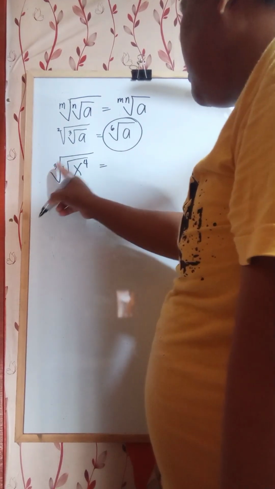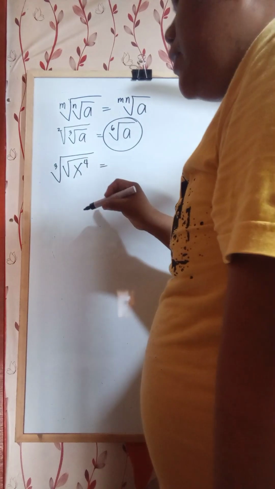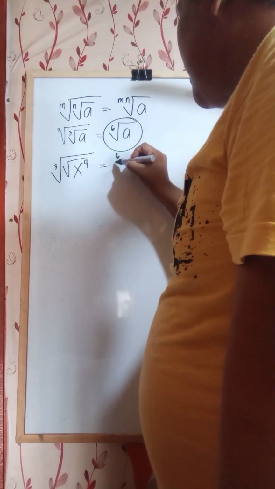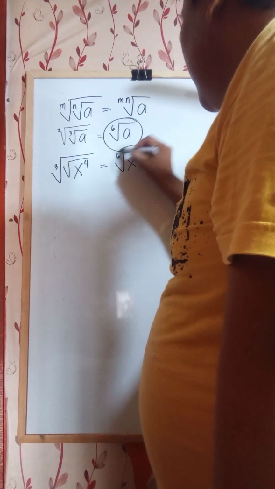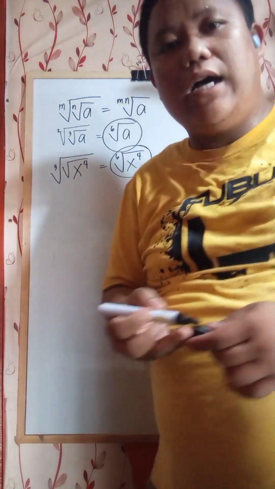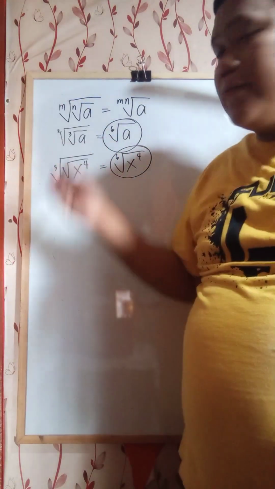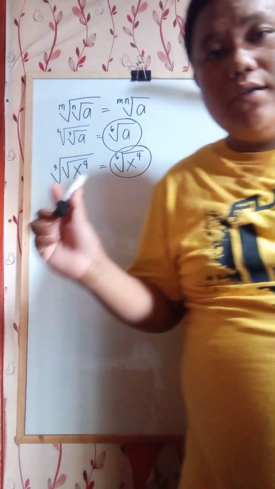I multiply 3 times 2, that is 6. So that is the 6th root of x to the power of 4. That is the fourth law. I hope you understood.